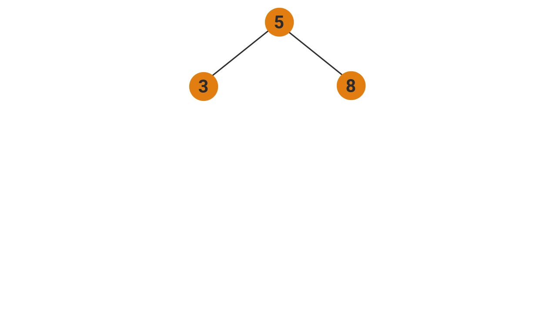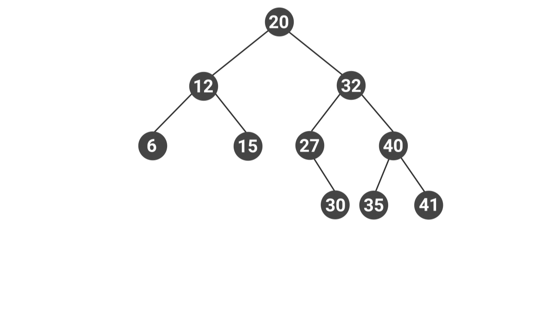Thanks to this hierarchy being enforced without exception, it's possible to search the tree quickly, using a binary search without ever having to backtrack. Let's say we want to find the node containing 30 in this binary search tree. We start by comparing 30 to 20. 30 is greater than 20, and we therefore look to the right child.